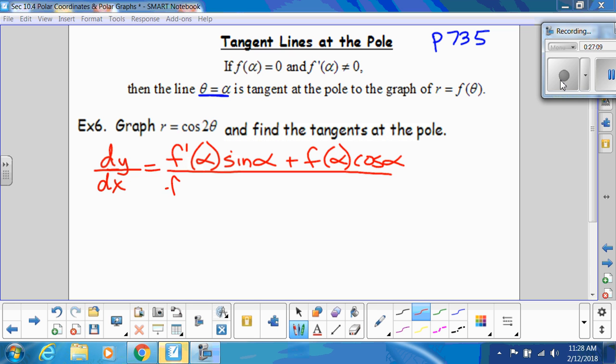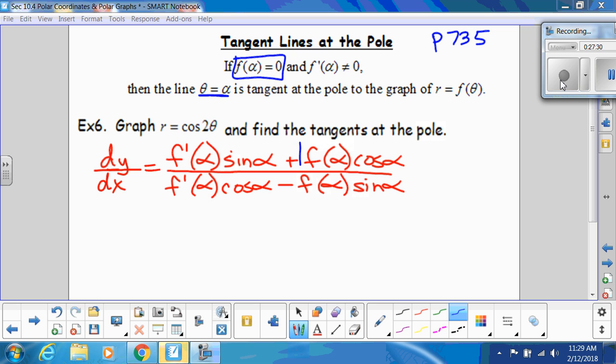All we're doing is looking at that derivative with alphas filled in. If f of alpha is equal to 0, then these pieces become 0, right? That's just 0 times cosine, 0 times sine.